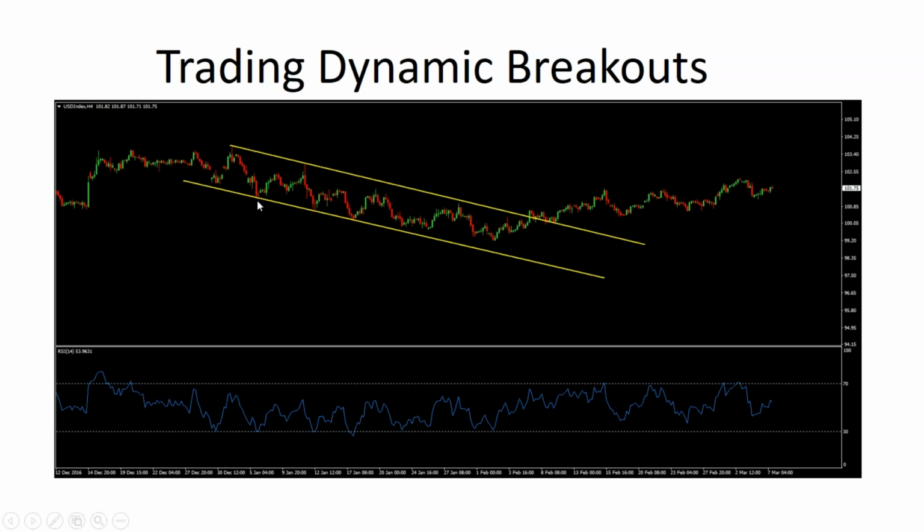Okay, so we identify our channels first of all. That's step one in this process. We go through our charts, we find pairs or instruments rather, depending on which markets you're trading, that are forming these clear channel structures. We pull up our RSI indicator and then we wait to identify this divergence. And once we see this divergence occurring, we then know that there's a potential reversal opportunity.